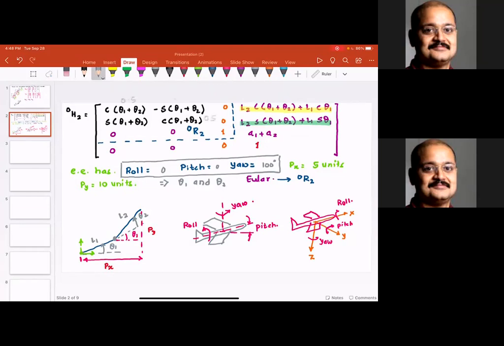This will look like minus some value, 0. For the sake of discussion, 0.5, and this will look like, say, 0.5. So you are going to get some numerical values, but from those you need to find out the values of theta 1 and theta 2. So you are given 0.5 or you are given 0.25.